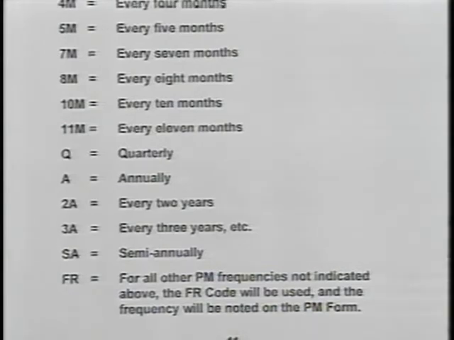FR is a temporary frequency code, and it is placed on all PMs as, let's say, a byproduct of a machine operator, or it could be a maintenance person, reflecting that they think there is a problem with a piece of machinery or a process or another asset.